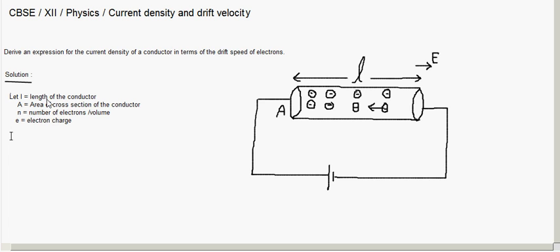So let potential difference V be applied, and a current I flows. This is the direction of conventional current, whereas electron flow is in the opposite direction.